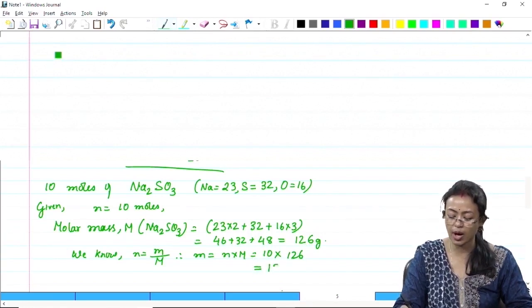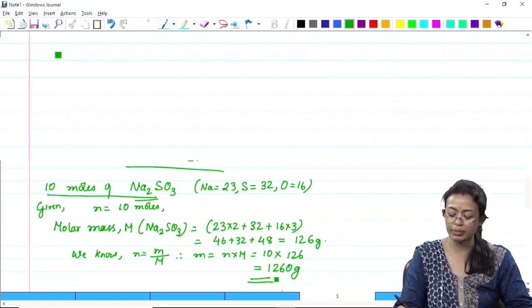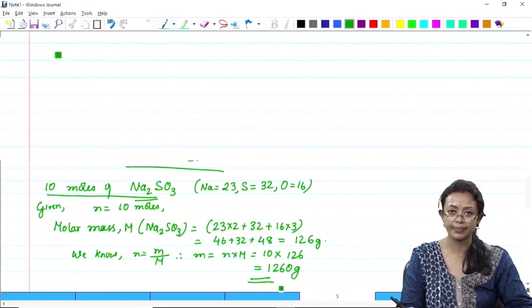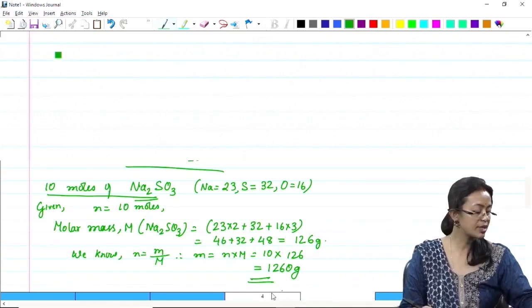Thus, it is equal to 1260 gram. So 10 moles of sodium sulfite will be equal to 1260 gram.